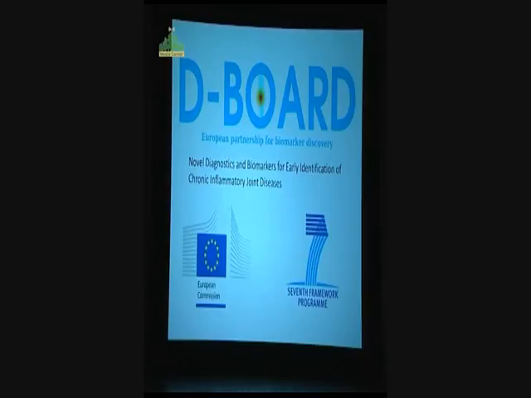So we managed to convince the European Commission to fund our project, which aims exclusively at identifying new biomarkers and the ability to validate these in cohorts of patients. So we've called ourselves D-Board, and this is a project that was funded last October by the European Commission.